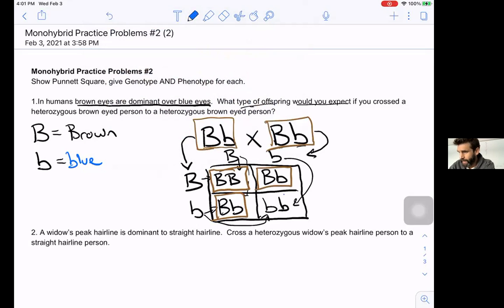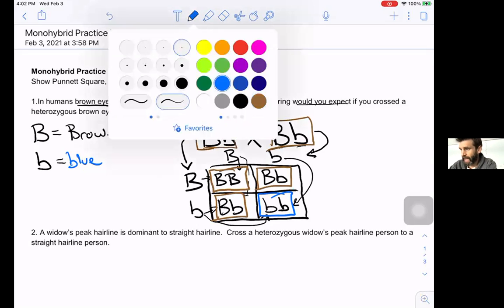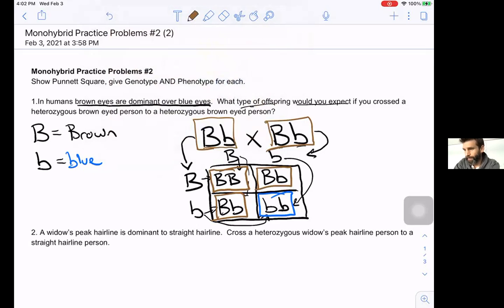And the one offspring here in this corner could potentially have blue eyes. I say potentially because what we see is that BB is 1 out of 4, that equals 25%.